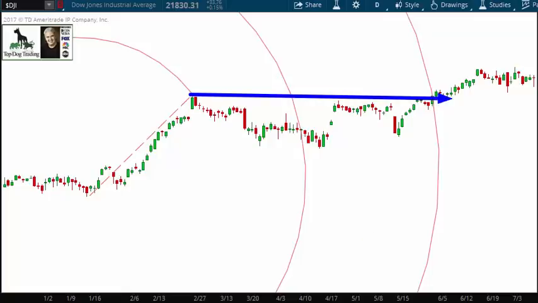Now, one question I know that I'll get is, hey, where's this tool on my charting software? And whatever charting software you have, I can't answer that question for everybody, unfortunately. I don't know the details of every single charting platform out there. I know this is on Thinkorswim, so please just contact your support team that provides you your charting platform and ask if they even have the tool, because it's not a tool that is very common.